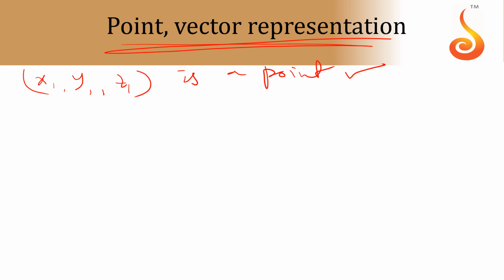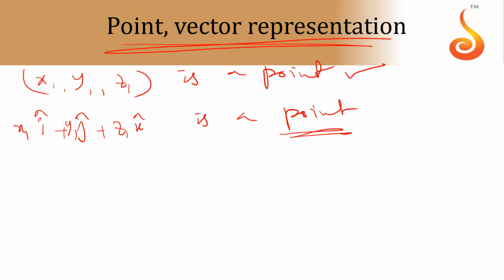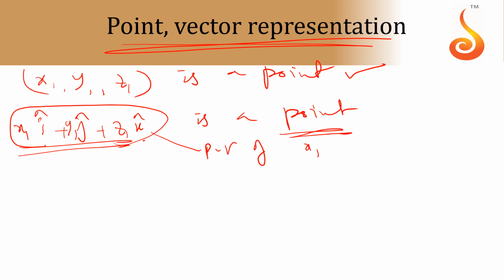Then if I say x1 i cap plus y1 j cap plus z1 k cap is a point, this is a somewhat different representation. It's saying a point but representing it with a vector. What you should understand is that I'm speaking about the position vector of the point x1 y1 z1.